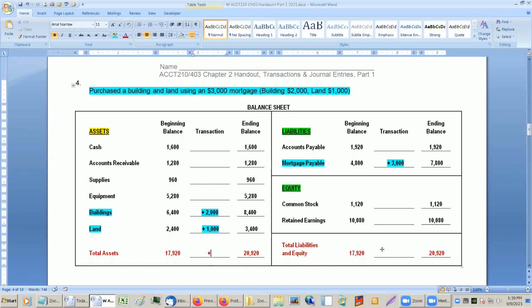Yeah, so this would be plus 3,000. Here, this would be plus 3,000. Yeah, so the total transactions would be.